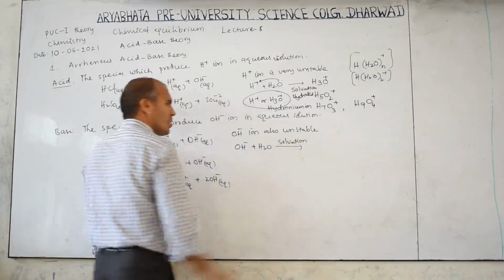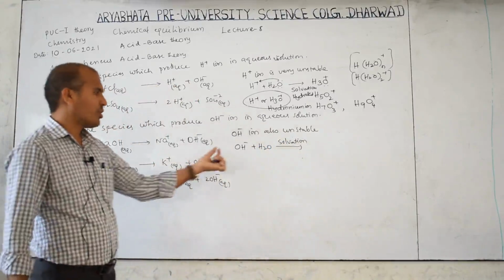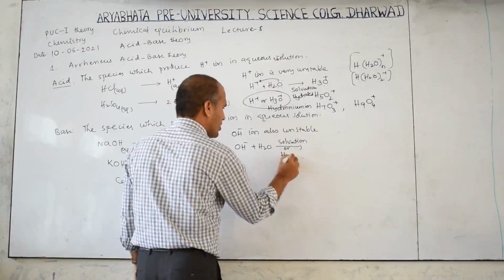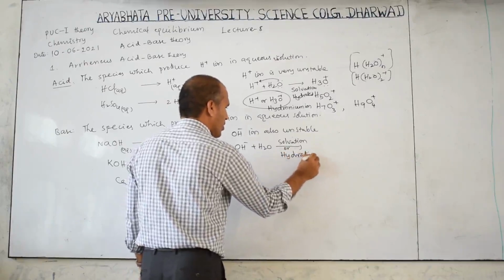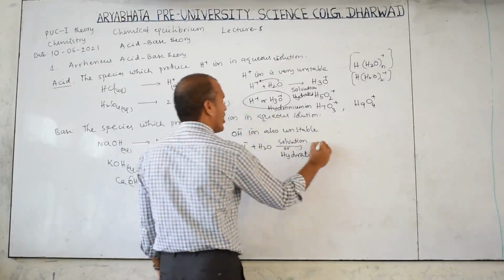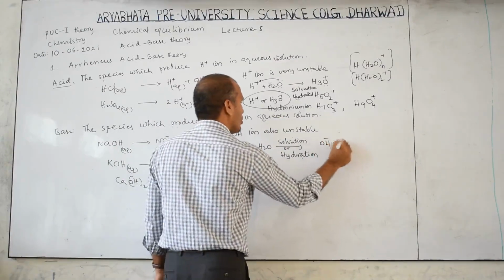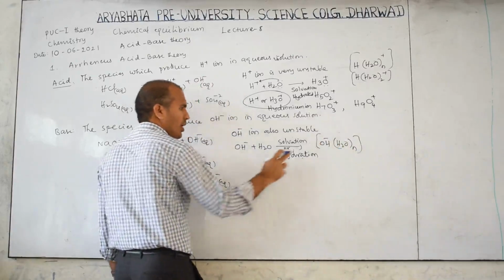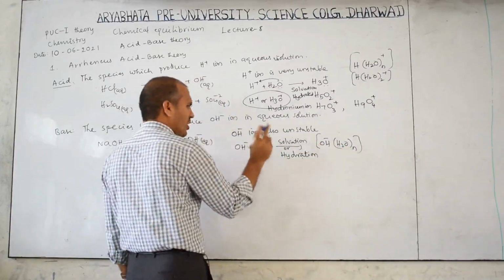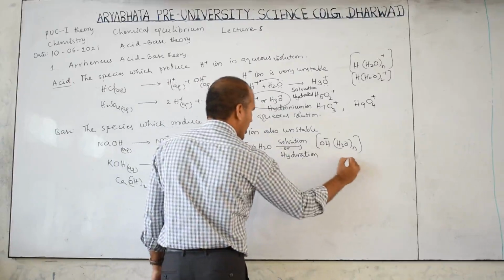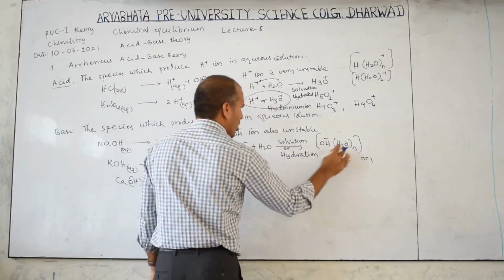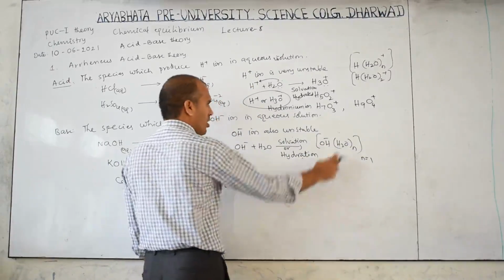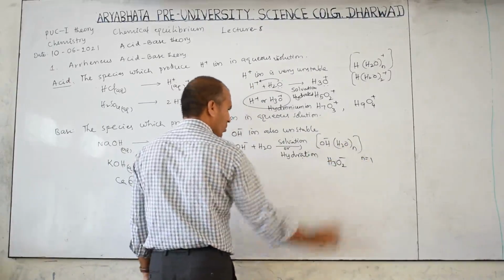Solvation means what is that? Solvent molecules surrounding this ion. If it is water, then this is called hydration or hydrated form. Then you will get OH minus and H2O taken n, like this form. If n equal to 1, 1 into 2, 2, 2 plus 1, 3, hydrogens are 3, oxygens are 2, and this is minus.